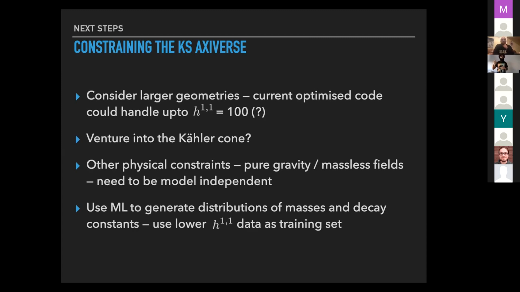The question then would be, if you venture into the Kähler cone from the tip, can you bring this peak, which was around an EV, over the black hole superradiance bounds? And if there's time, I can show what happens when we venture into the Kähler cone.